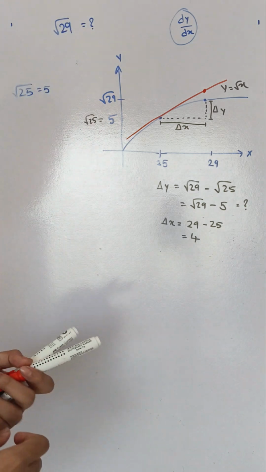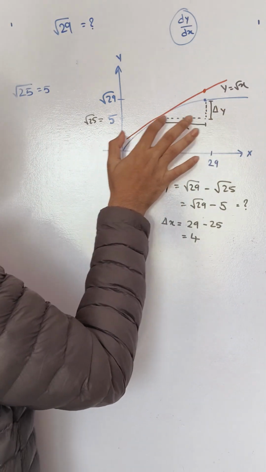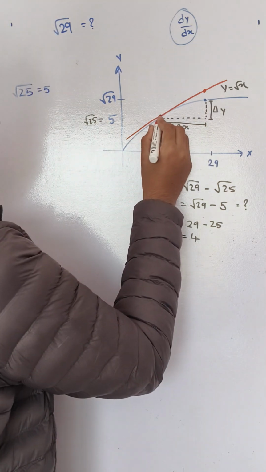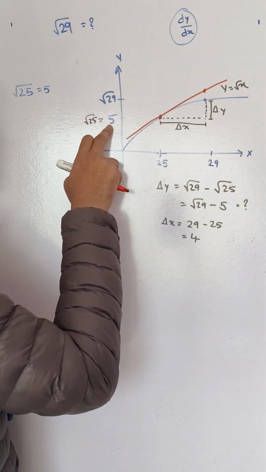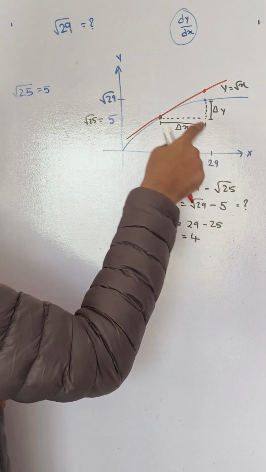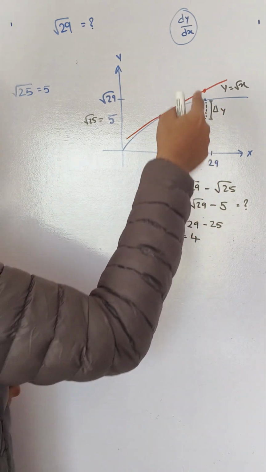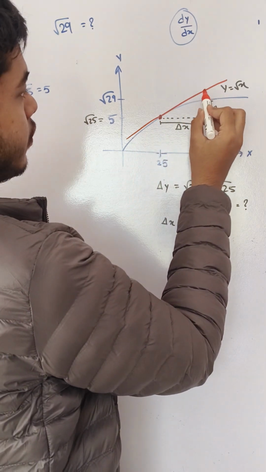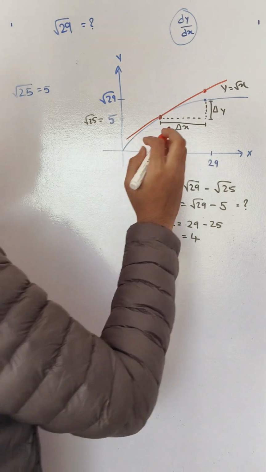So, you see, when I take a tangent on the point 25, 5, at this point the value of y is 5, but at x equals 29, the value of the red dot and the blue dot is different.